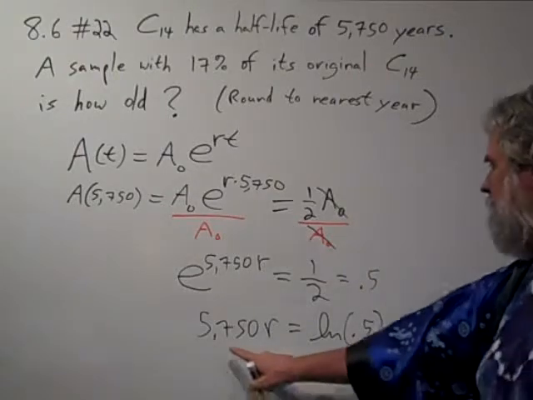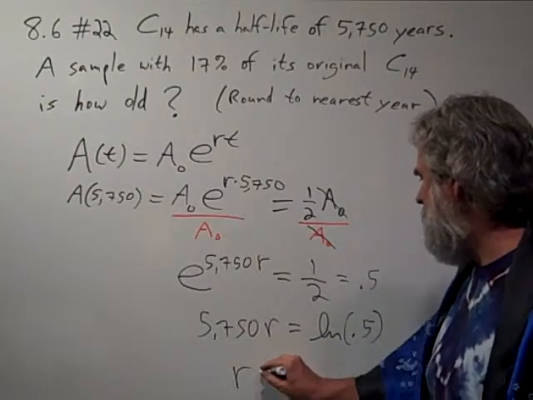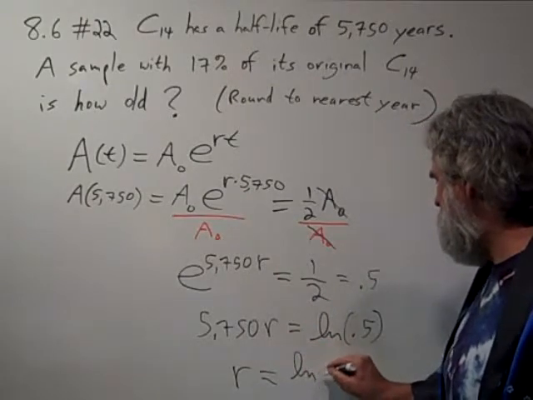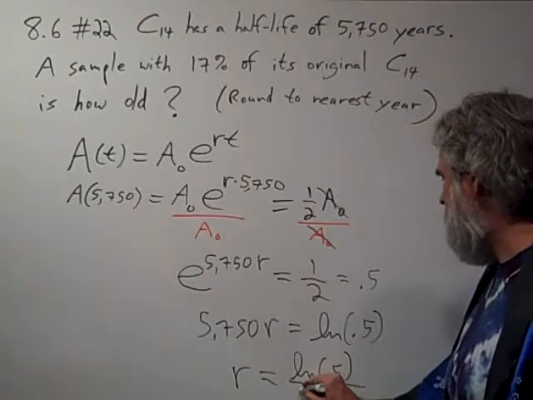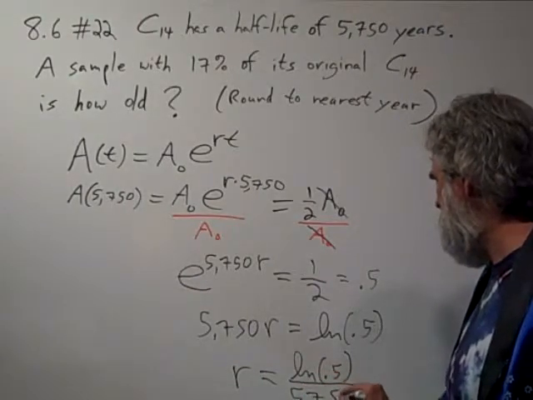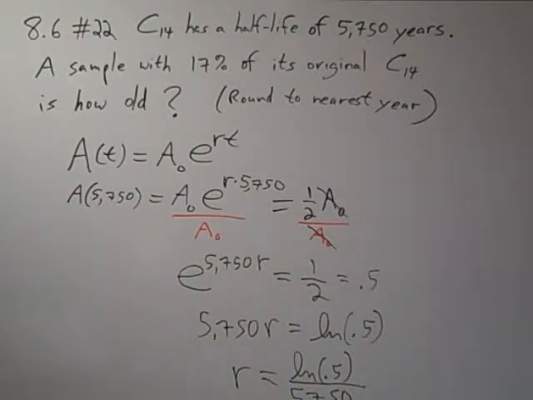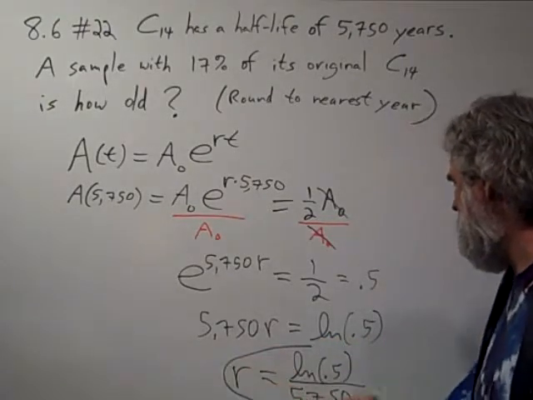And now dividing by 5,750, we get that r is equal to the natural log of 0.5 divided by 5,750. So we have found the decay rate, r, for carbon-14.